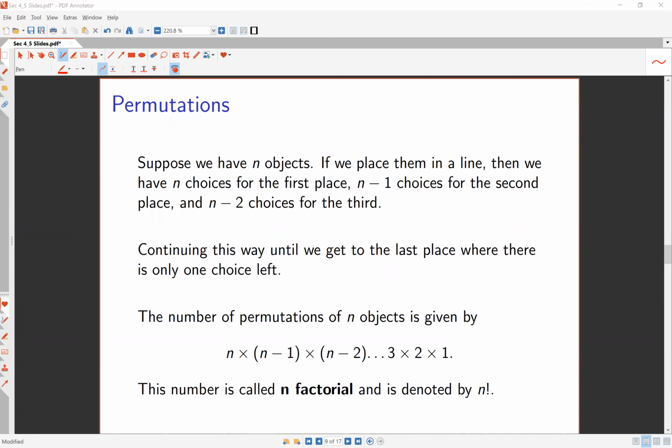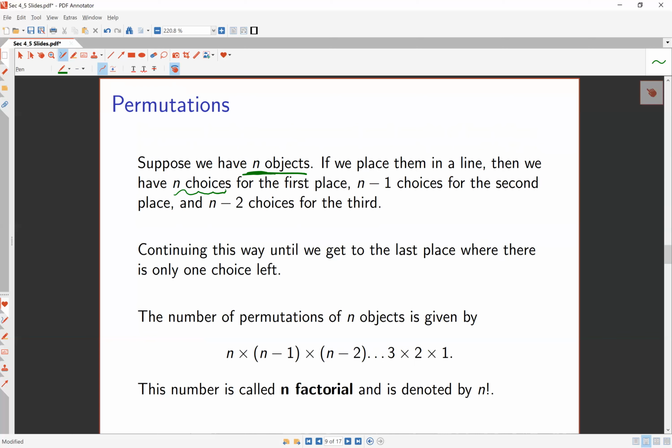So how do we calculate the total number of permutations that are possible? Say that we start off with little n objects, and we're going to place them in a line. So we want to know in how many ways can we line them up. Well, when you place the first object, you have n choices, right? Any of your n objects could be placed first.